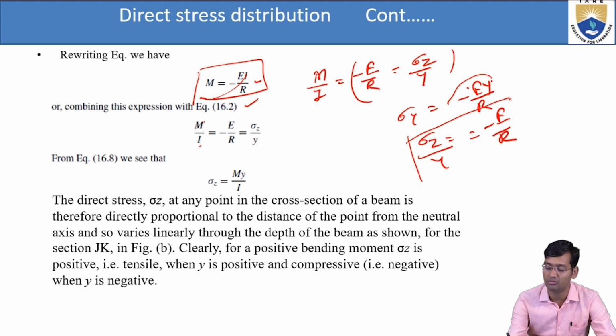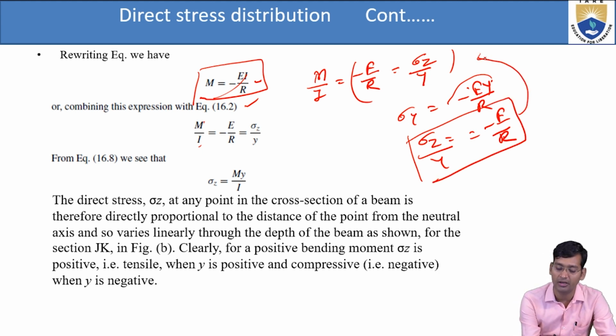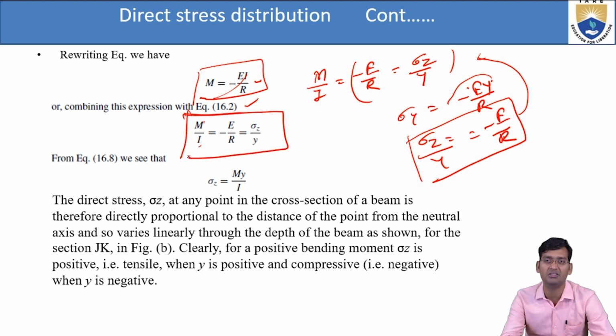And from here we already got minus E by r equals sigma z by y, because sigma z was equal to minus E y by r. So we can write sigma z by y equals minus E by r. So now we have M by I equals minus E by r, and sigma z by y equals minus E by r. Combining all three equations, we get M by I equals minus E by r equals sigma z by y.